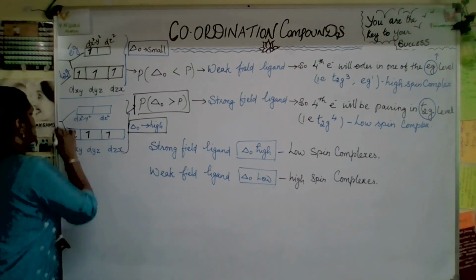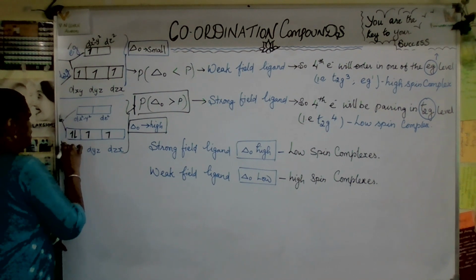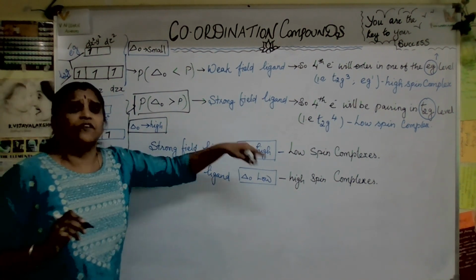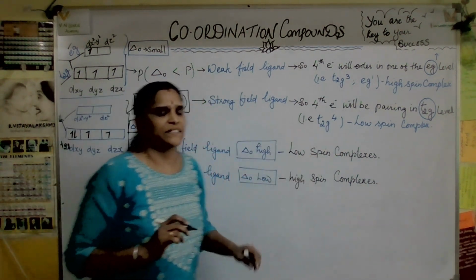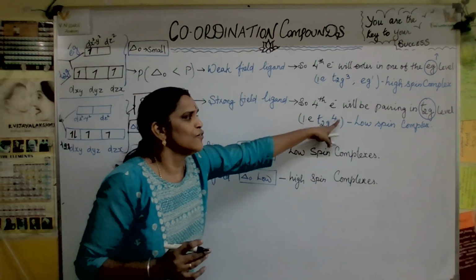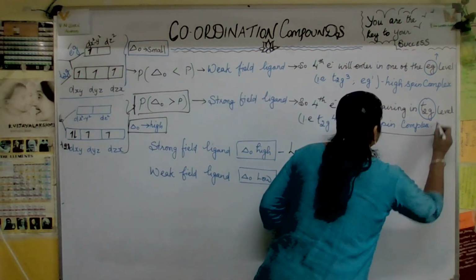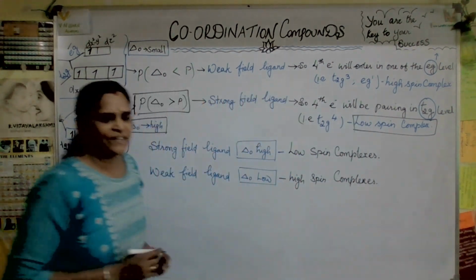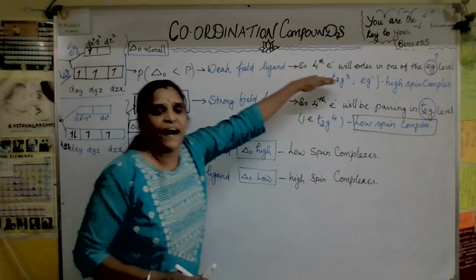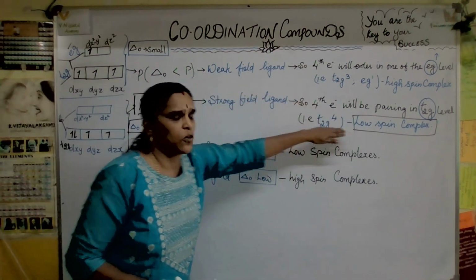So it stays in the T2g level, and it is a low spin complex. The electronic configuration is T2g4. So weak field ligand means high spin complex, and strong field ligand means low spin complex.